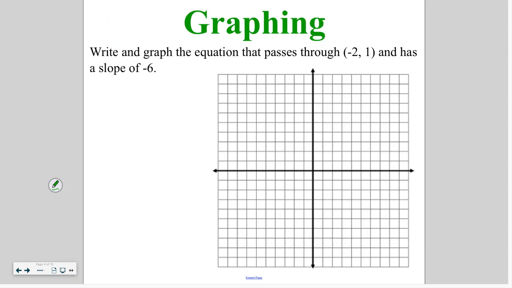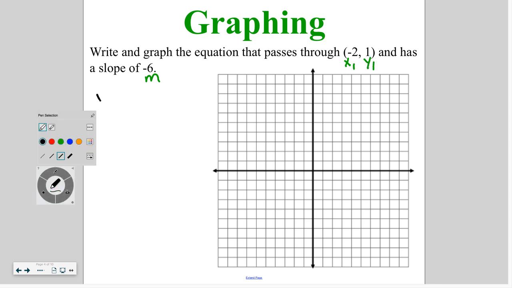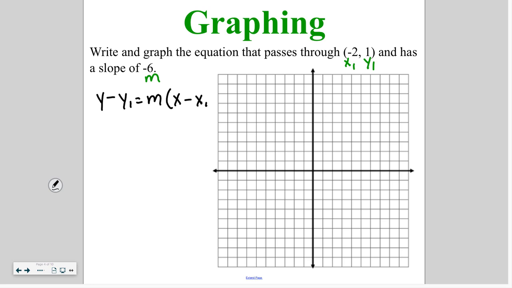So we want to write and graph the equation that passes through the point (-2, 1) and has a slope of negative 6. So our first job is to identify that our slope is m, and then we have x1 and y1. The equation, a reminder from last slide, is y minus y1 is equal to m in parentheses x minus x1.